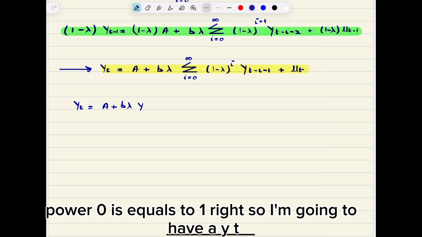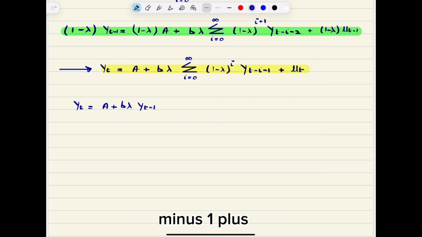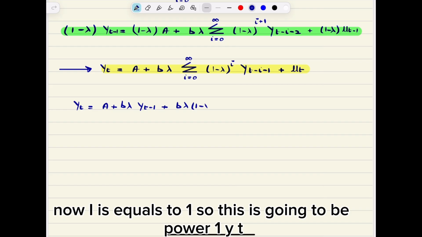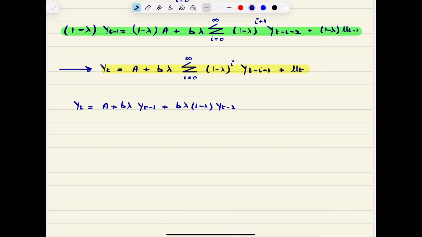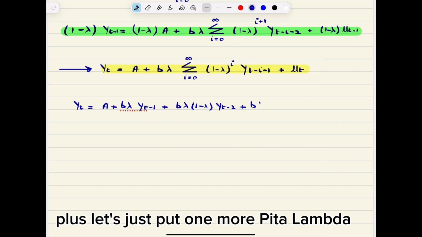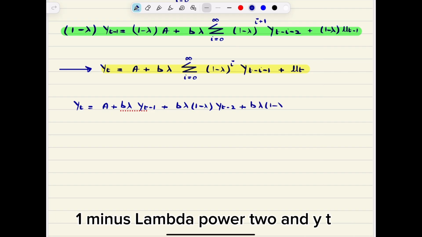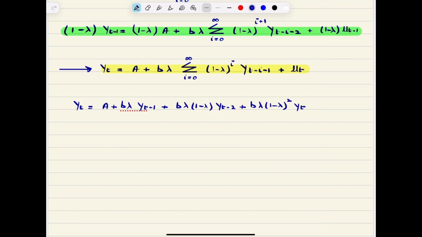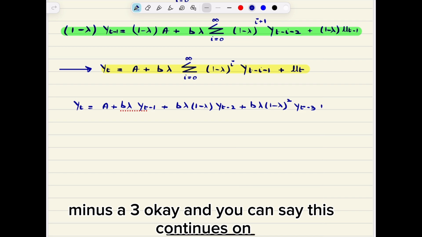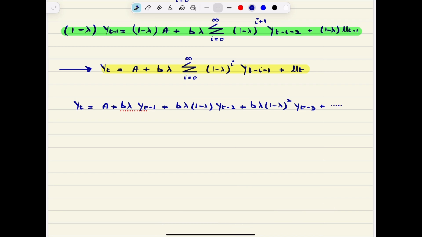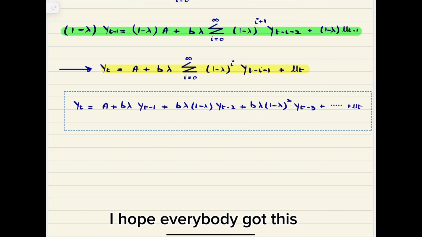So I'm going to have y_{t-1} plus beta lambda. Now i equals 1, so this is going to be power 1, y_{t-2} plus, let's just put one more, beta lambda (1 minus lambda) power 2 and y_{t-3}. And you can say this continues on till plus u_t. So I hope everybody got this.